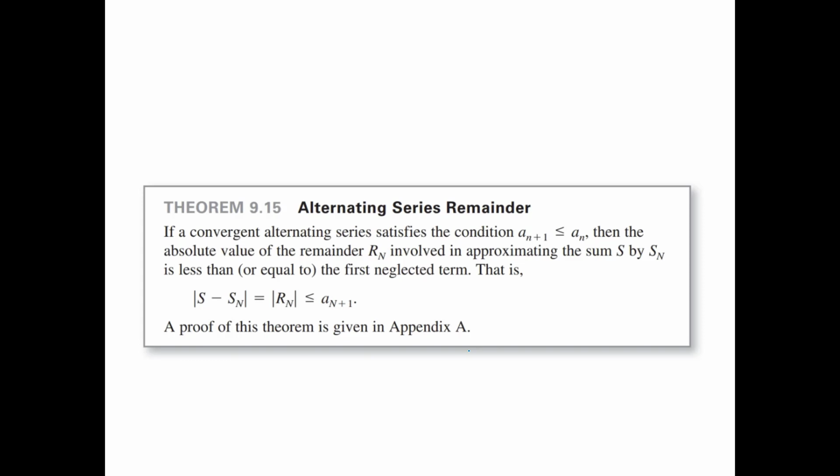The geometric argument that I showed you as to why the series converges also tells you something else. If you go back and go over that, it tells you what this theorem is saying.